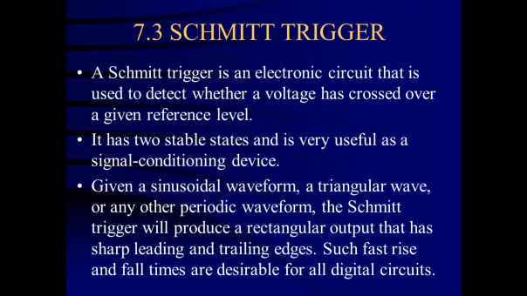You can give any waveform at the input, either sine waves or triangular waves or any time varying periodic waveform. The Schmitt trigger will produce a rectangular output that has a sharp leading and trailing edge. That means the transition time is very small. It comes to a nearly ideal clock. That is required in all digital circuits, and that is why Schmitt trigger circuits are very useful in digital systems.